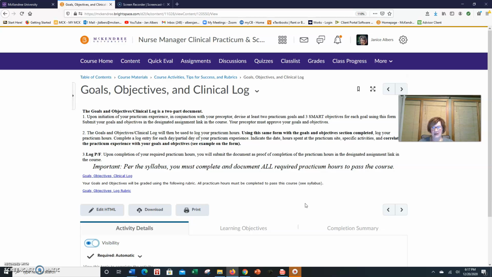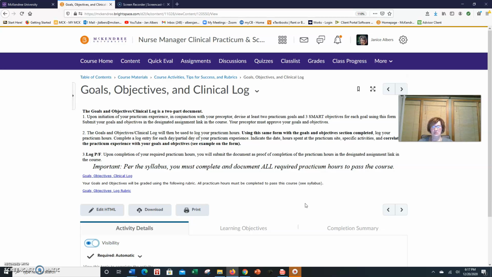So part of the practicum is actually connecting all the dots, so to speak. We are going to be looking at applying some of those concepts that you learned throughout your master's program in the practicum experience.